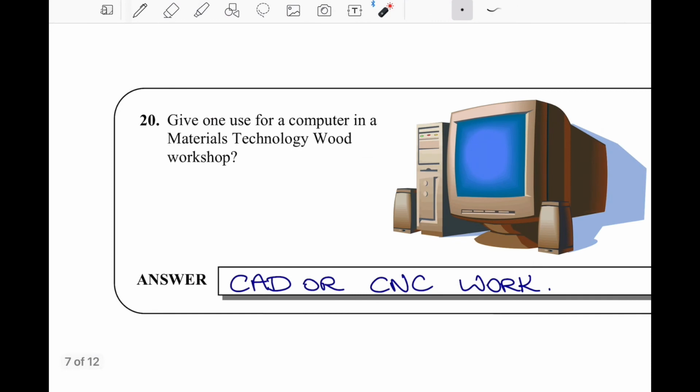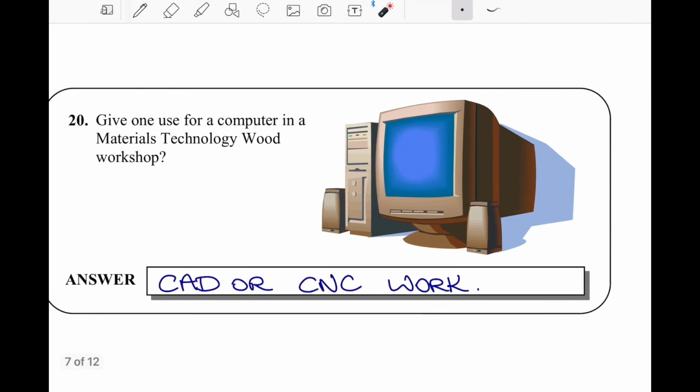All right, and then the last one, number 20, was give one use for a computer in a materials technology wood workshop. Well, first of all, for CAD or for CNC work, so in other words, controlling a router. But you could also have it, and I suppose this is more in your interest, for designing projects as well and researching. Design and research for projects.